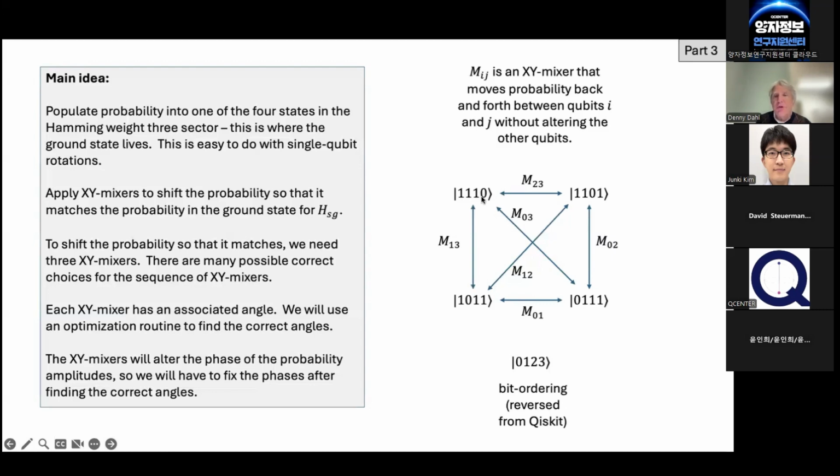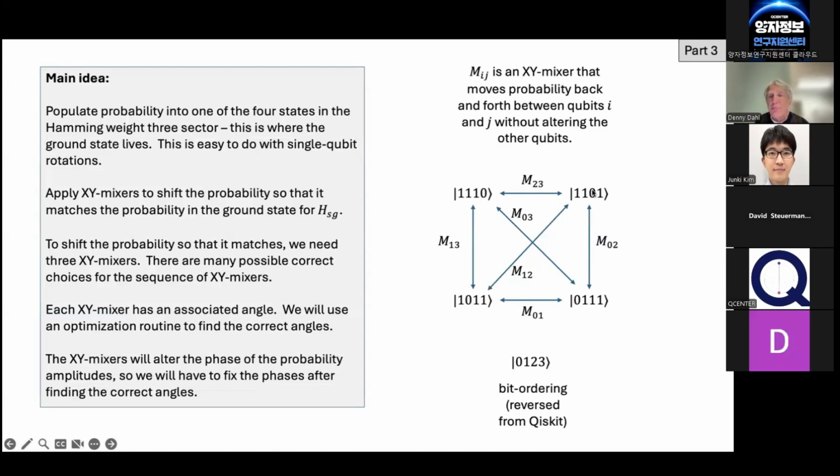And so the sequence of mixer operators that I used when I worked out the problem is I first populated my system into this state here. Then I applied mixer M03 to move probability down here into this state. And then I applied mixer M01 to move probability over here. And then I applied mixer M02 to move probability up here.